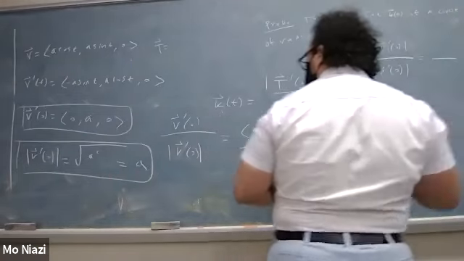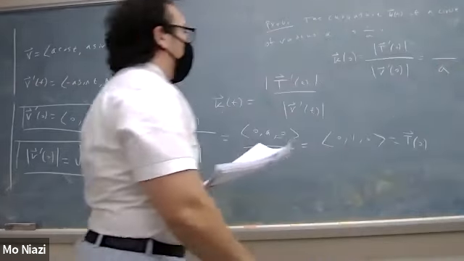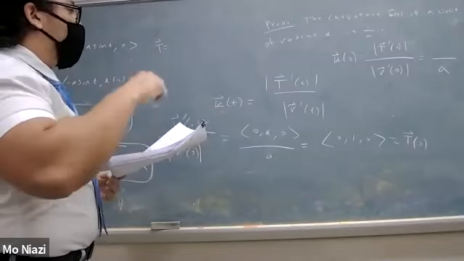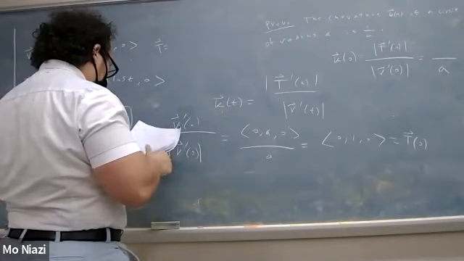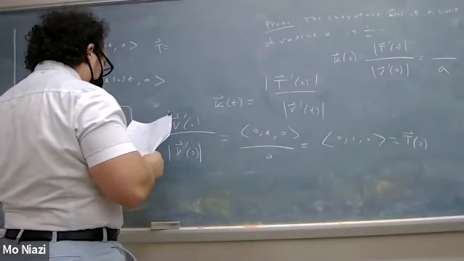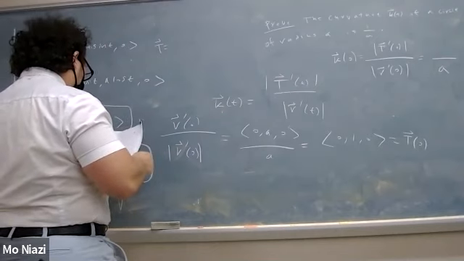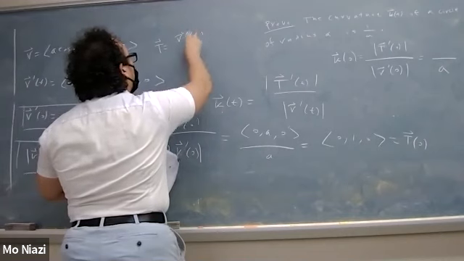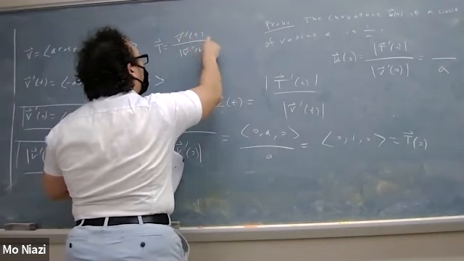Down here, our norm is at A, and up there, we just need to know what T prime evaluated at 0 is, and when we take its magnitude. So our T was, I erased it, but our T was this.